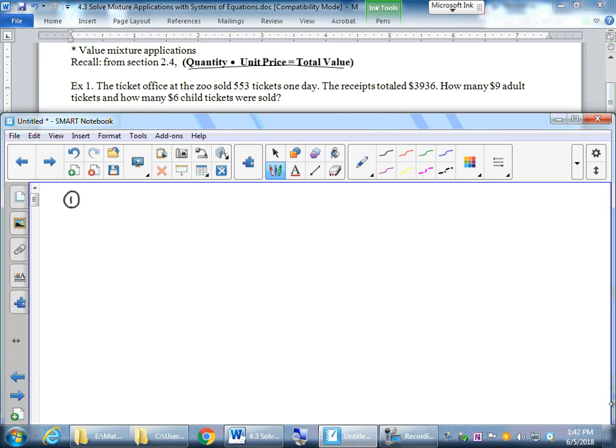In this case, we don't know the number of adult tickets, and we don't know the number of child tickets, so two of them. I would say that it will be A and C.